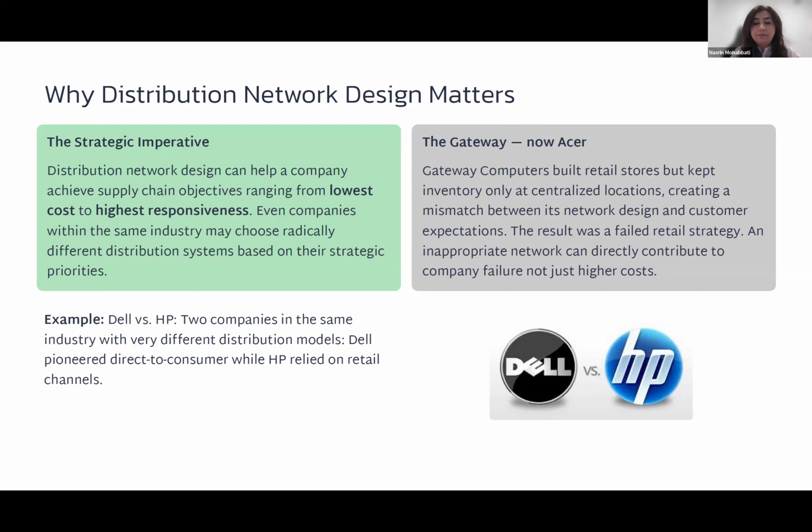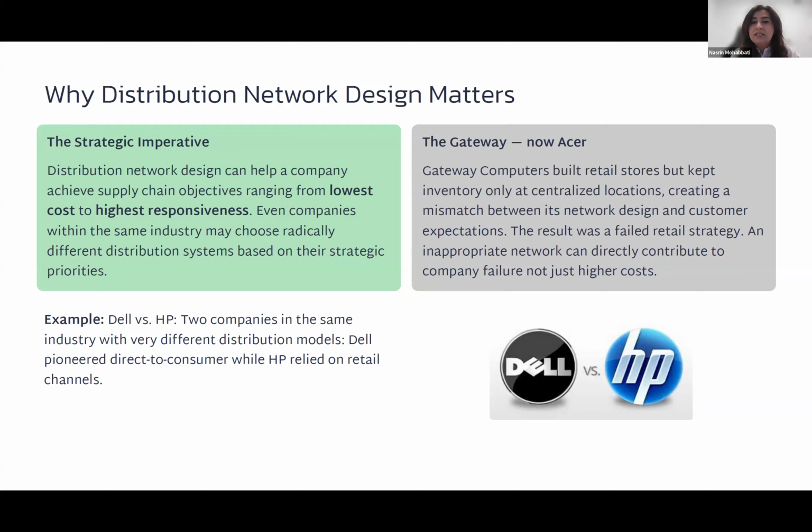There is an example here. Gateway was a computer company back in the 80s in the United States, and they designed their distribution network in a way that customers could order from a centralized location and then products would be delivered to the customers. After some time, with developments in technology, people were more interested in going to a nearby store, seeing the computers and purchasing them.